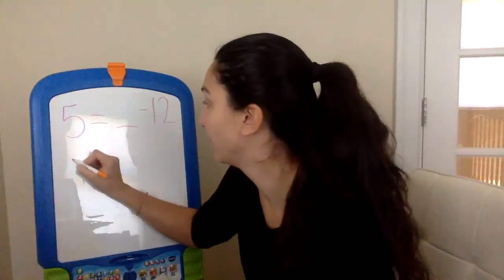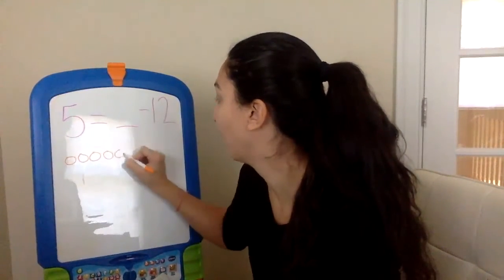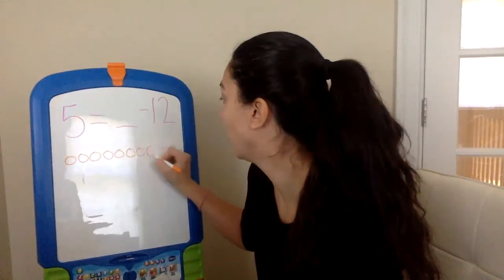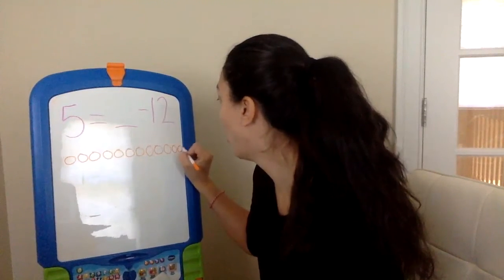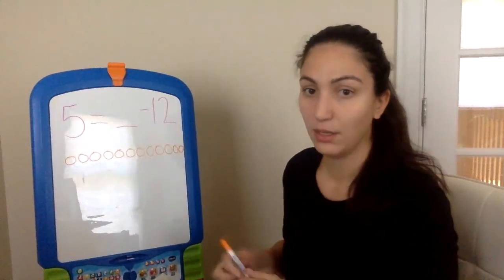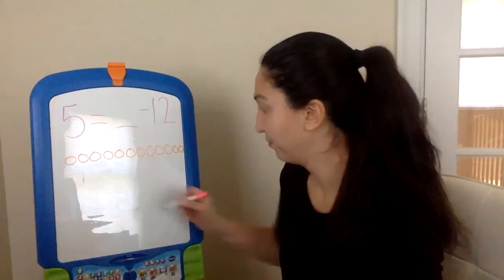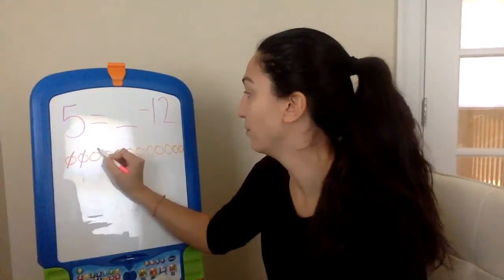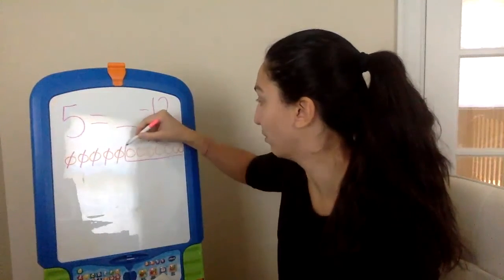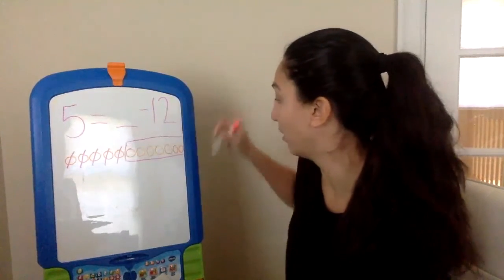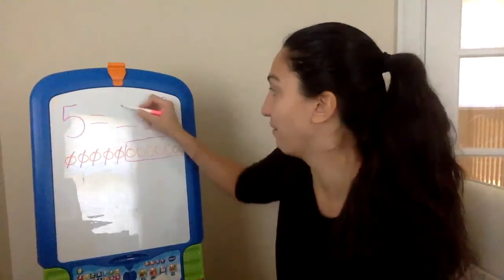I'm going to do it this way so you can see. 1, 2, 3, 4, 5, 6, 7, 8, 9, 10, 11, 12. And I'm going to cross off 5. 1, 2, 3, 4, 5. And what I'm left with are these circles right over here. So I have 1, 2, 3, 4, 5, 6, 7.